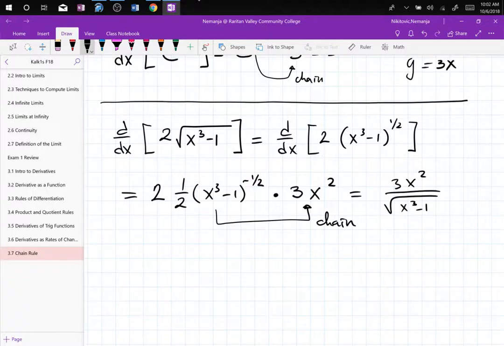So we always try to see what part of the function is g and what part is f. And as soon as you realize that this is g, in your head you try to compress it into a single variable and you say, what is the derivative of just 2 root x?